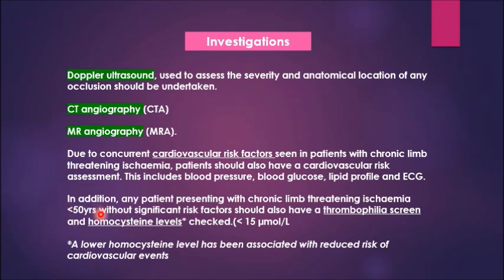So the homocysteine levels should also be checked. And a lower homocysteine level has been associated with reduced risk of cardiovascular defects. So very important. Older patients, you must assess the full cardiovascular screening. Younger patients, you must also do homocysteine levels.